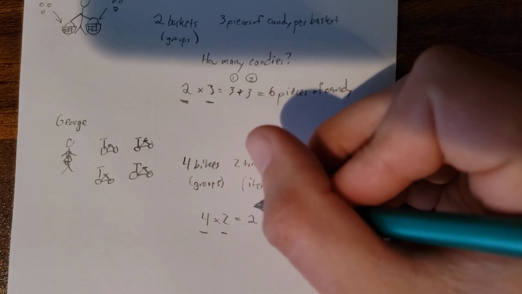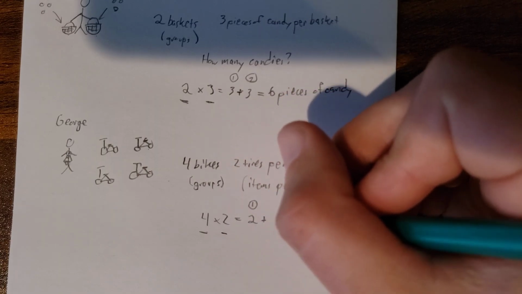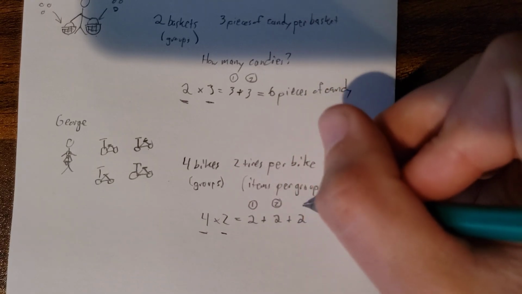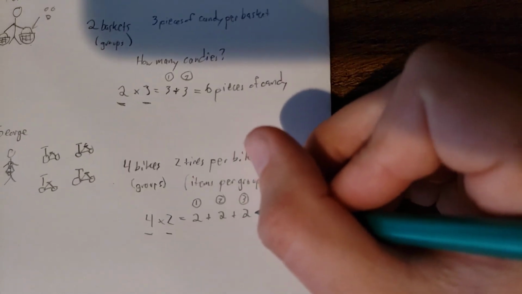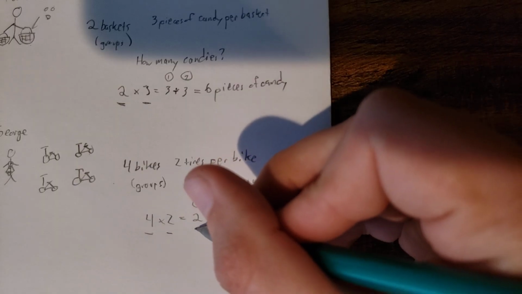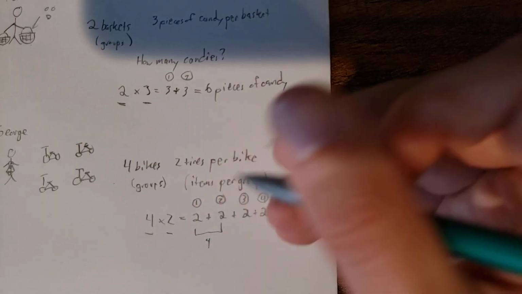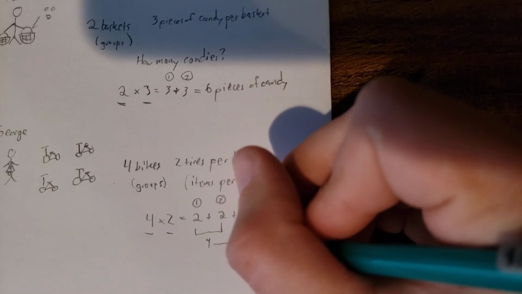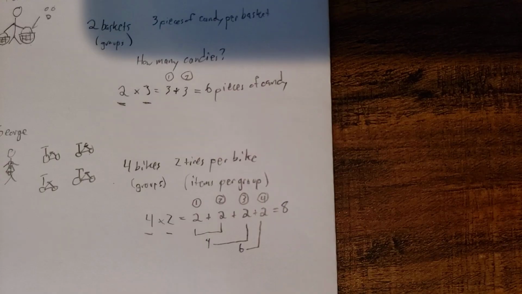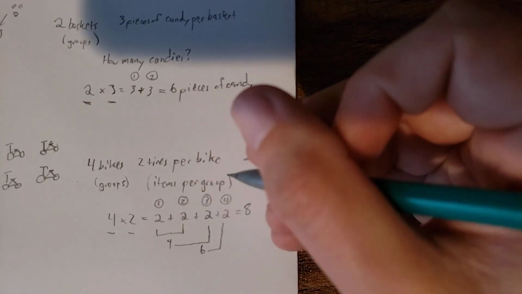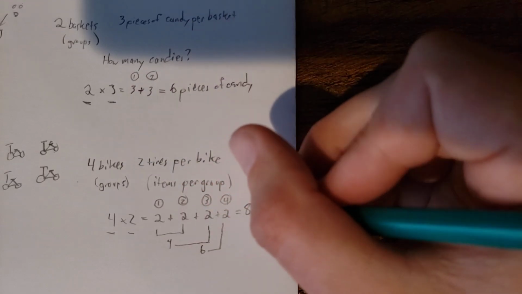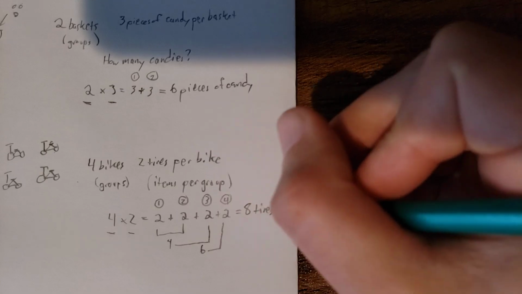We'll have our first group of 2 plus our second group of 2 plus our third group of 2 plus our fourth group of 2. And we can say 2 plus 2 is 4. 4 plus 2 is 6. 6 plus 2 is 8. So we can know that for 4 bikes with 2 tires per bike, we have 8 tires total.